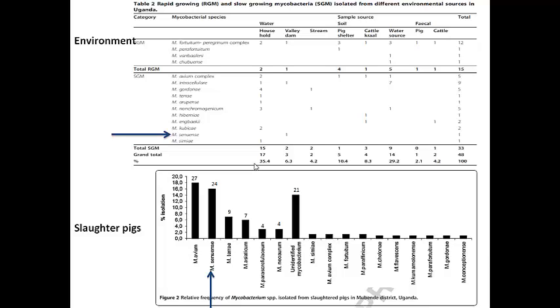We've isolated 24 from the animals, so that means the animals have more than what is in the environment. The M. terry also we isolated 1, but isolated 9 in pigs. The same thing. So there's a direct relationship between the species that are prevalent in the environment and those that are in the pigs, but they are much more amplified in the pigs.